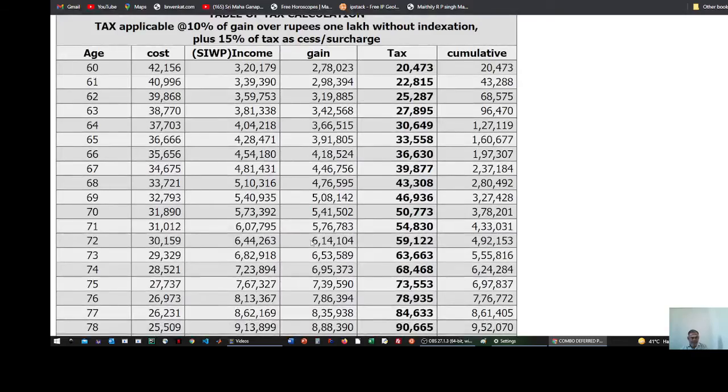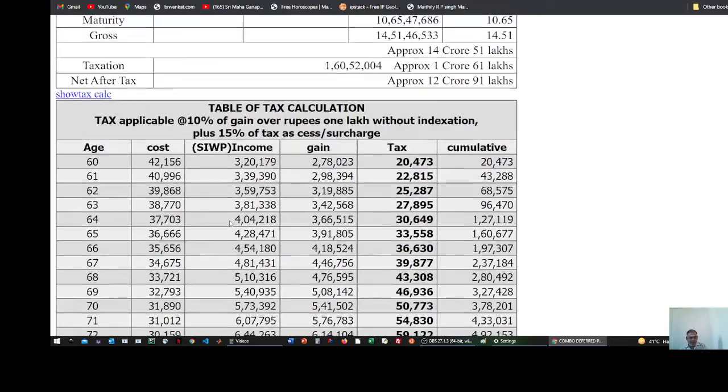Tax calculation is here. It has apportioned the cost corresponding to the withdrawal, and tax is calculated at the rate of 10% of the gain over rupees 1 lakh without indexation, plus 15% of tax as surcharge.